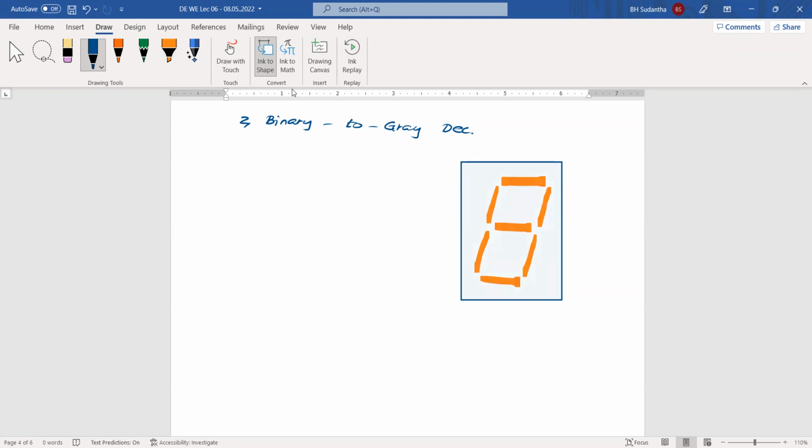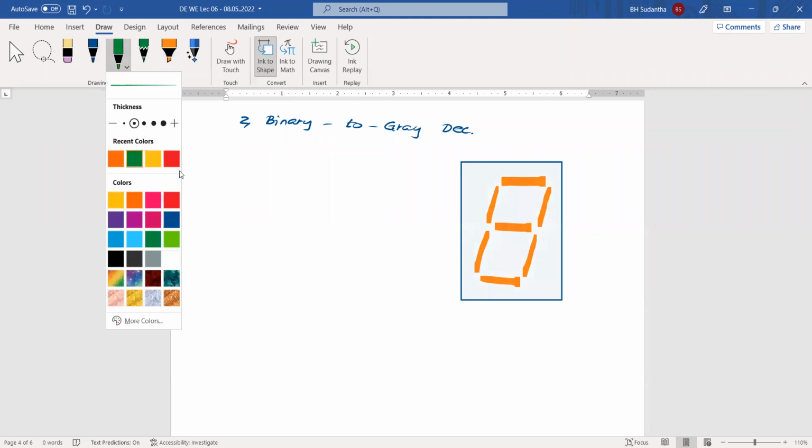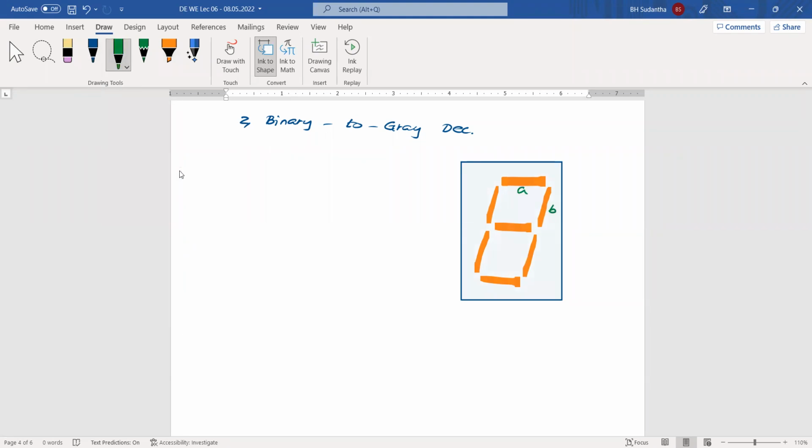It's a kind of display like this, and here we have a naming convention also. We can name these segments simply A, B, C, D, E, F, G.